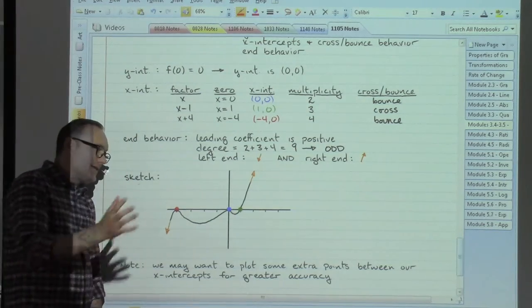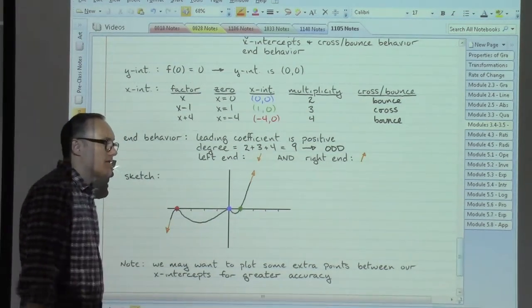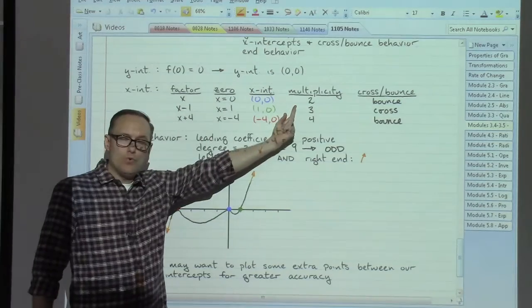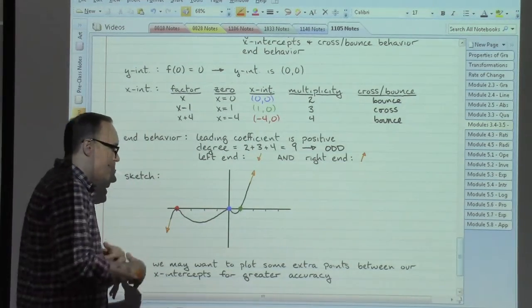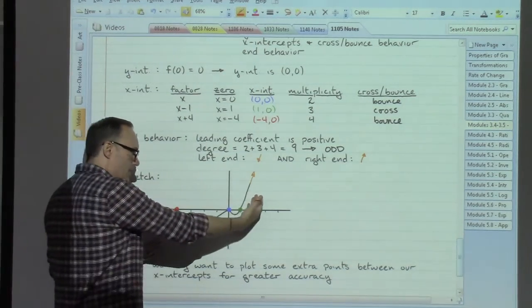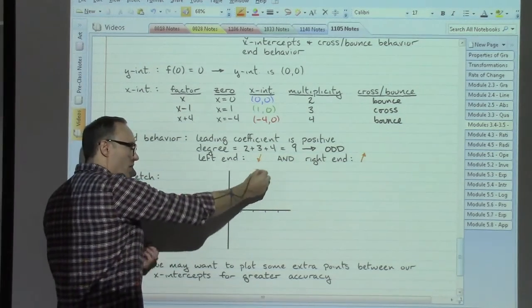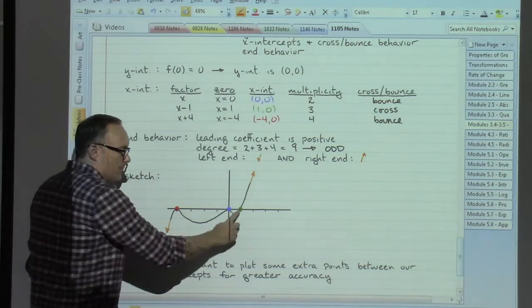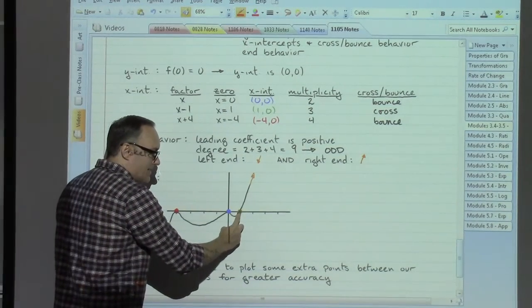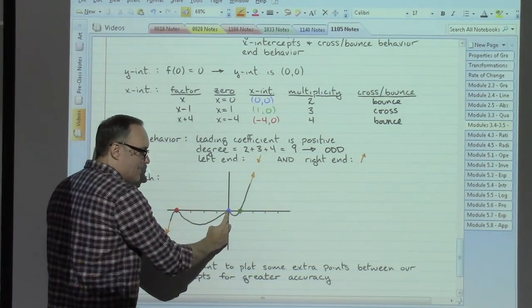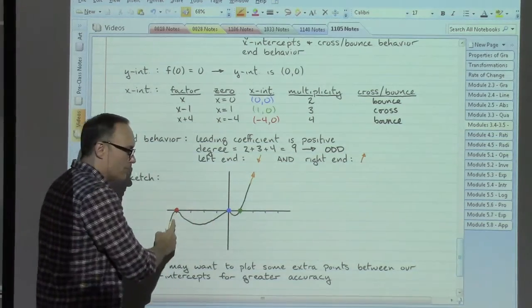We can again take graphs like this and backtrack them to these kinds of things. We can say, based on this end behavior, our leading coefficient has to be positive, our degree has to be odd, because that's a pass-through, that's an odd multiplicity, that's an even multiplicity, that's an even multiplicity.